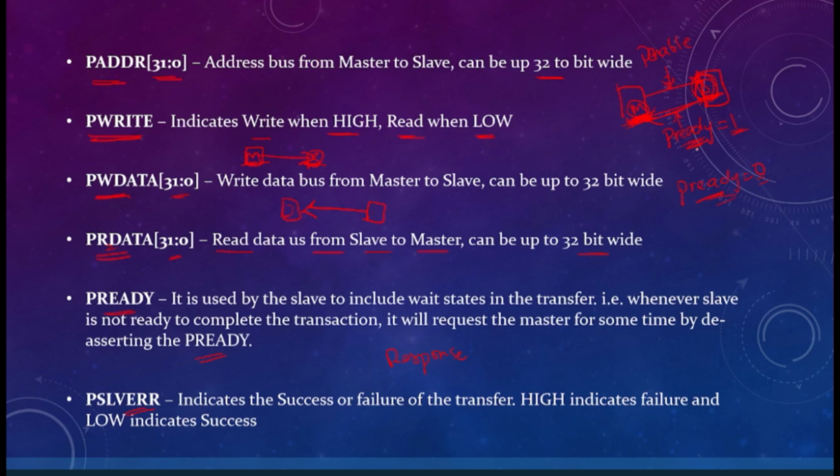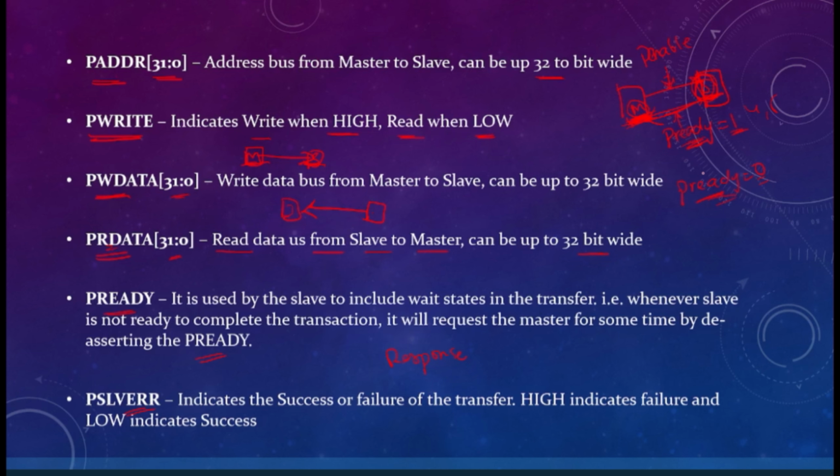For example, if you are taking 4 to 5 slaves and the slave that you have chosen is not present, in such cases you will see the slave error. Or if the slave is powered down, or if the transaction you sent is not completely done, in such cases you will find the slave error.